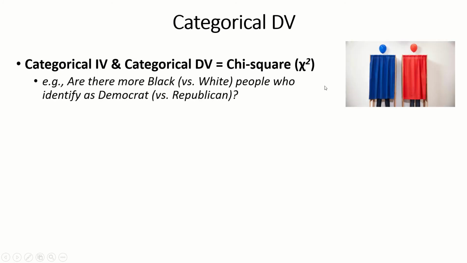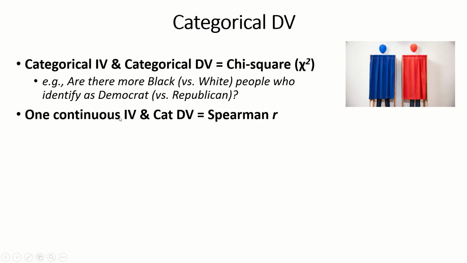So, for example, if you're asking the question, are there more black versus white people who identify as Democrat versus Republican, you're essentially looking at the relationship between ethnicity, black versus white, and political party affiliation, Democrat versus Republican. So you would do a chi-square analysis here.